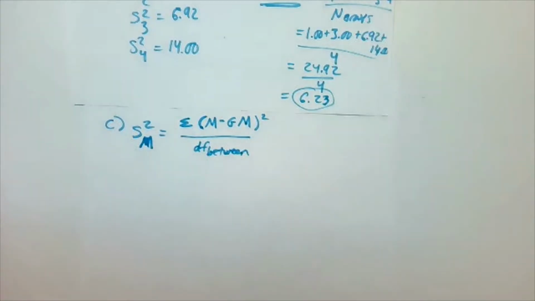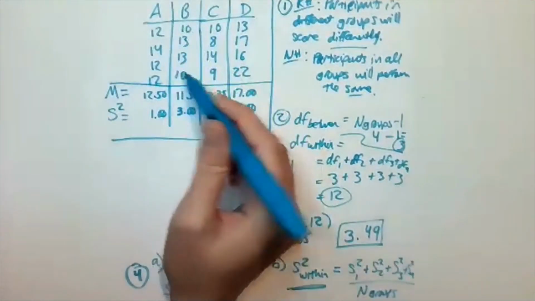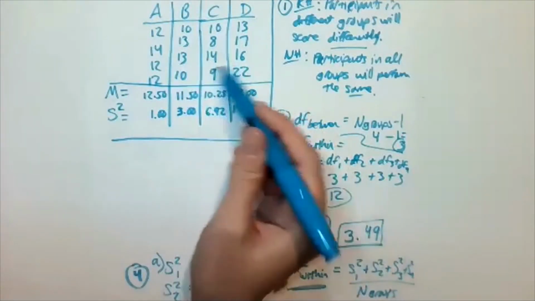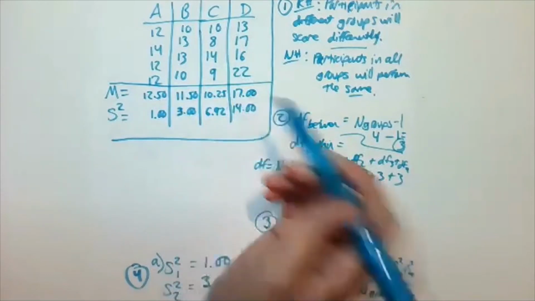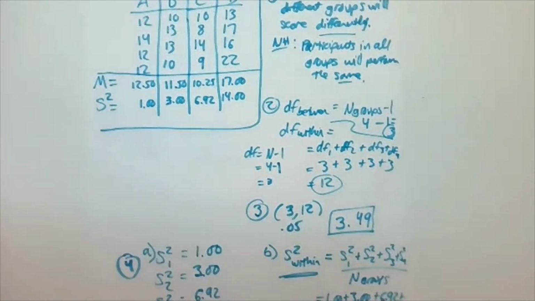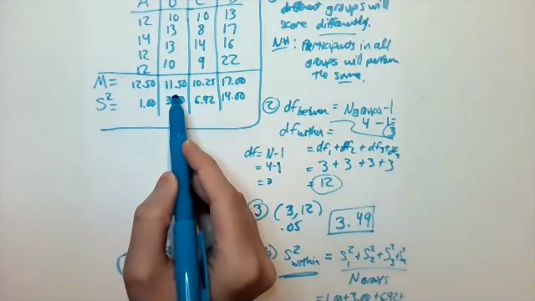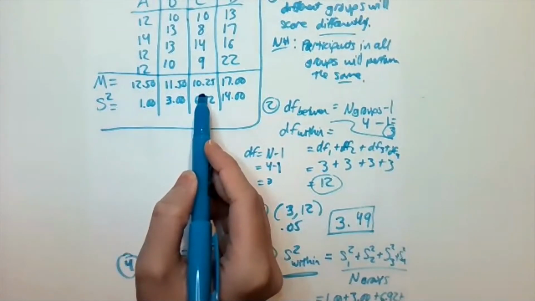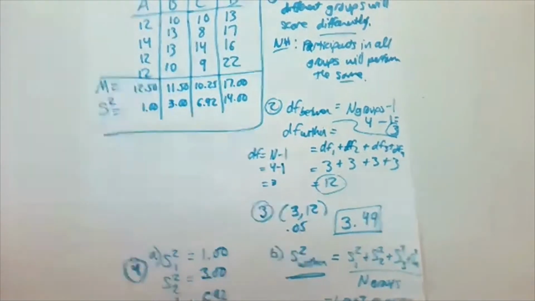And so to get our grand mean, we can go back up here, and we can go ahead and get the mean of all of our raw scores. And so we can get the average of these 16 raw scores, or I can just get the average of my averages, get the mean of my means. And so I can go ahead and get 12.5 plus 11.5 plus 10.25 plus 17, add that all up and divide by 4.